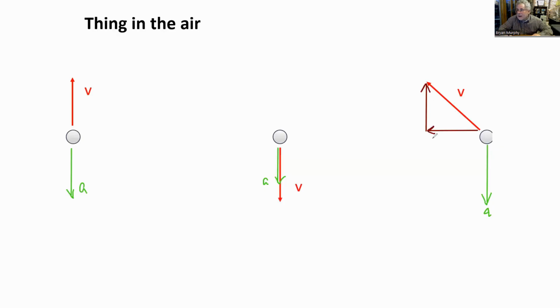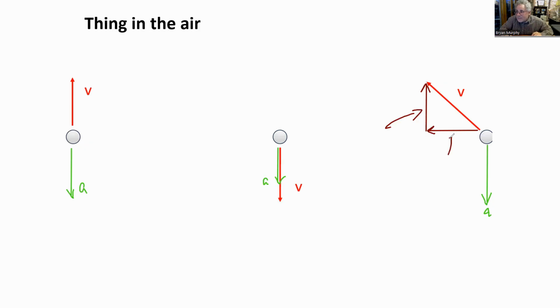So I've now done the components of the red velocity. The acceleration is acting downwards, therefore it is going to affect the vertical velocity, because the acceleration is acting in that direction, because Newton said so for a second time.